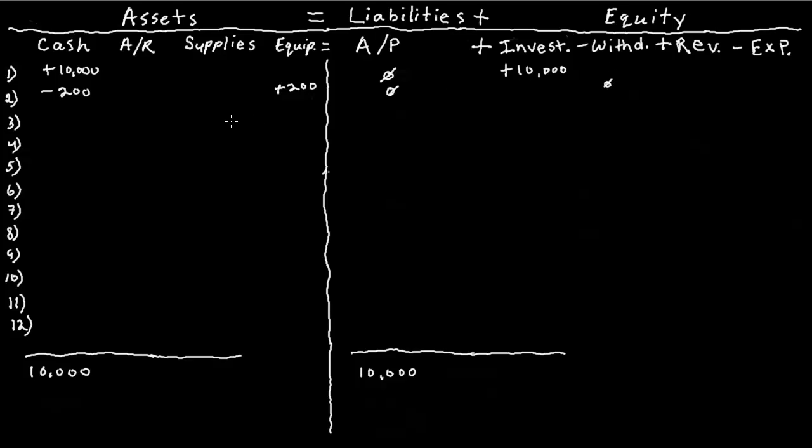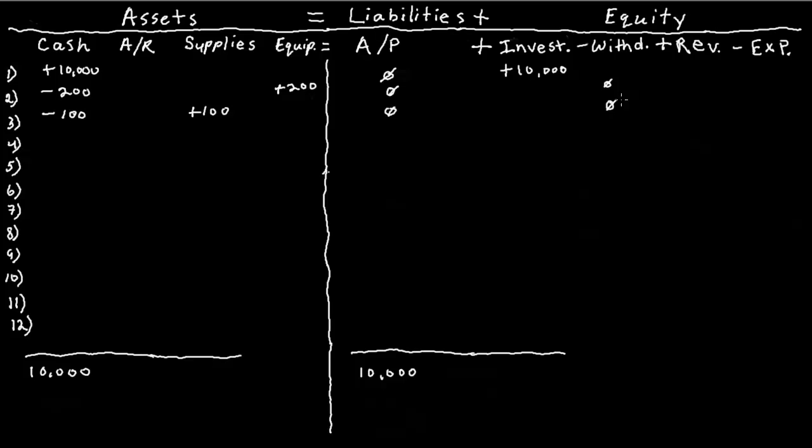Number 3, let's say that we purchase supplies for cash of $100. When we purchase supplies for $100, we're getting $100 worth of supplies, so supplies goes up by $100, and we paid cash for them, so our cash goes down by $100. So here's the thing. Again, we have no effect on liabilities or equity.